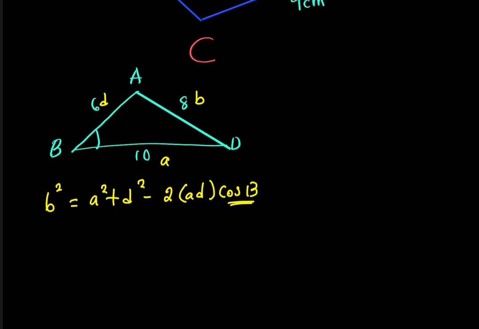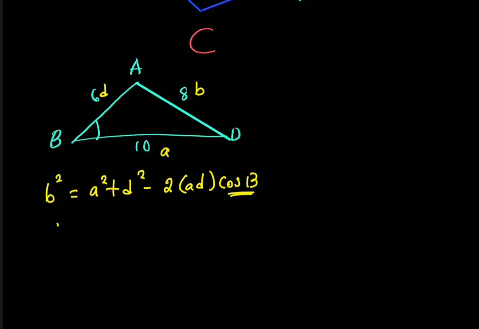Therefore, 8 squared equals 10 squared plus 6 squared minus 2 times 10 times 6 times cos b.